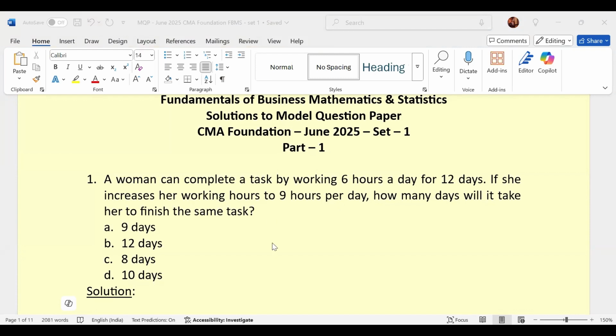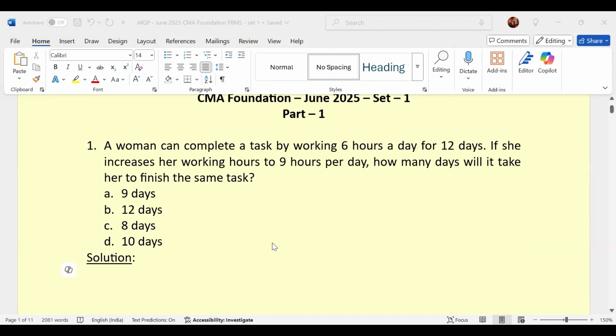First question: a woman can complete a task by working 6 hours a day for 12 days. If she increases her working hours to 9 hours per day, how many days will it take her to finish the same task?